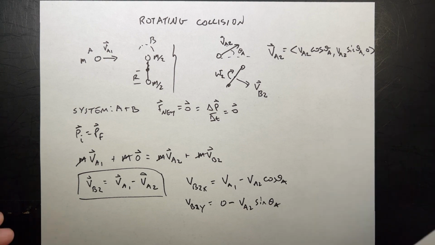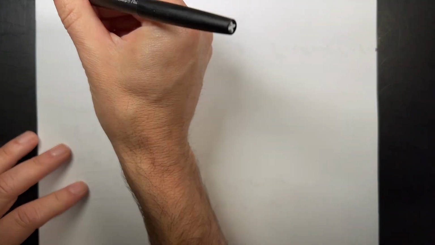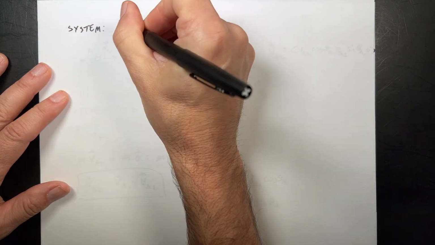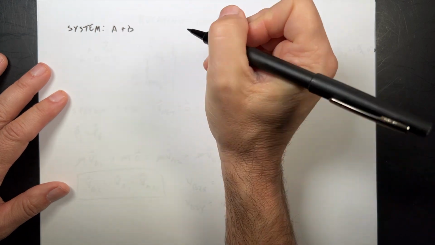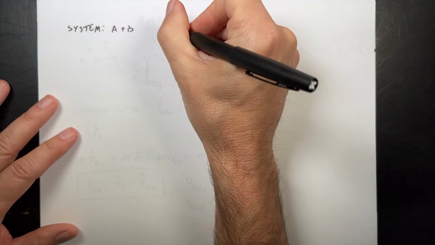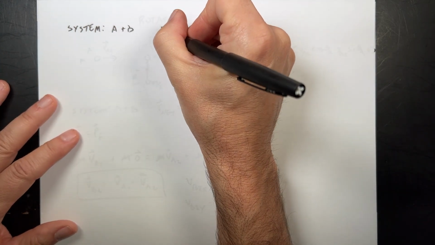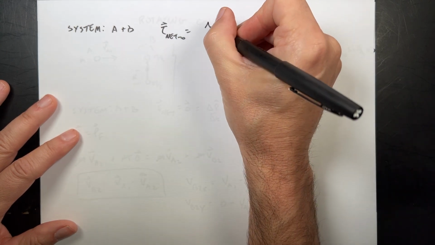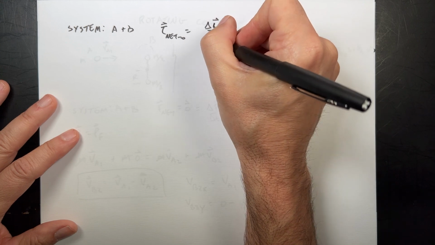So let's, again, take the system of A plus B. And now I'm going to use the angular momentum principle. This says that the torque about some point O, the net torque, is equal to the change in angular momentum with respect to time.